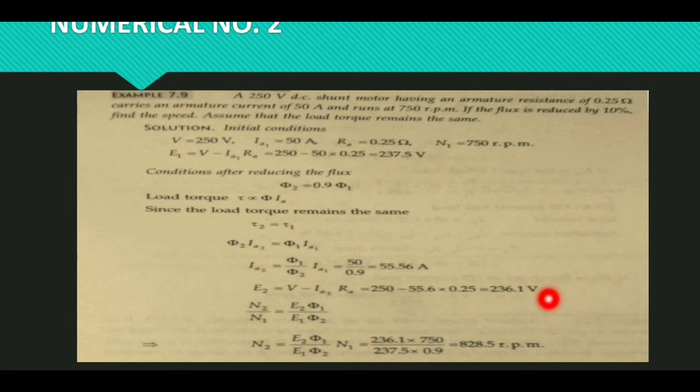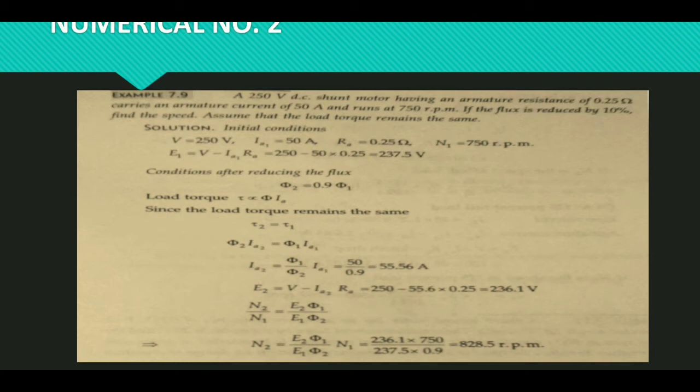So that is the value of E2, the back EMF in the second condition. And from this equation, N2 by N1 equals E2 phi1 by E1 phi2, we can solve the value of N2. So N2 equals E2 into phi1 by E1 into phi2 into N1.